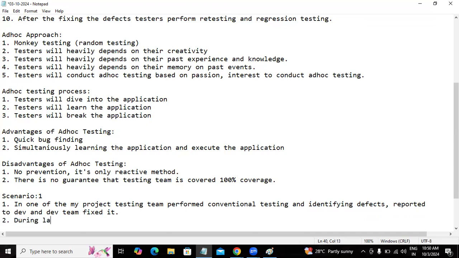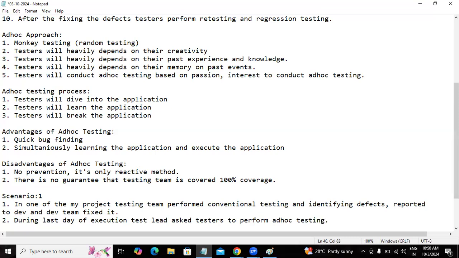During the last day of execution, the test lead asked testers to perform ad hoc testing.